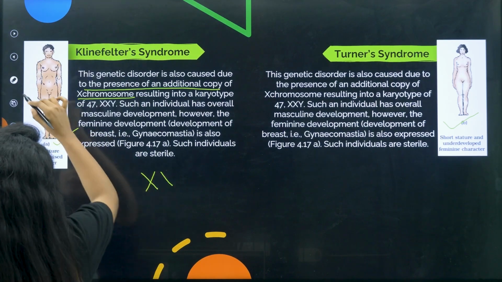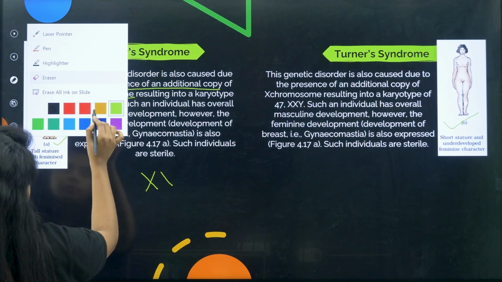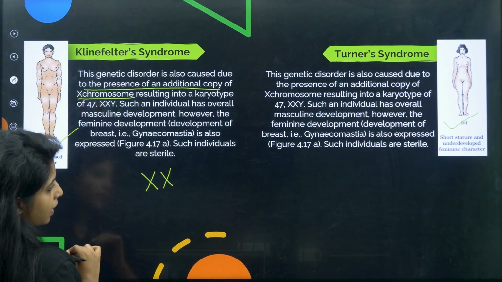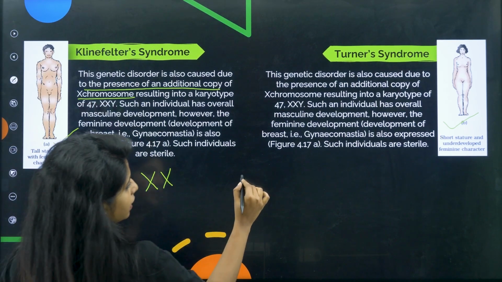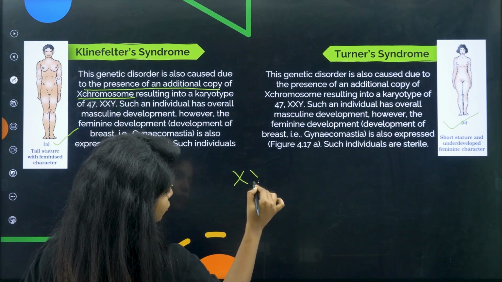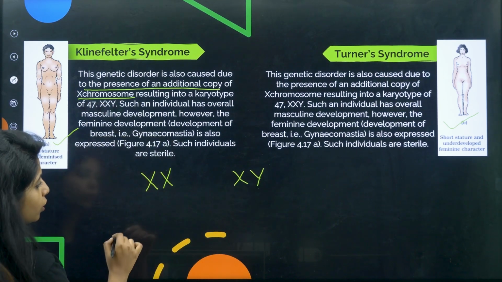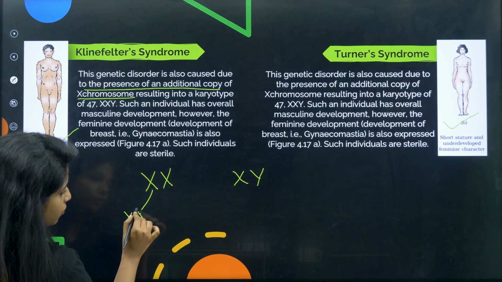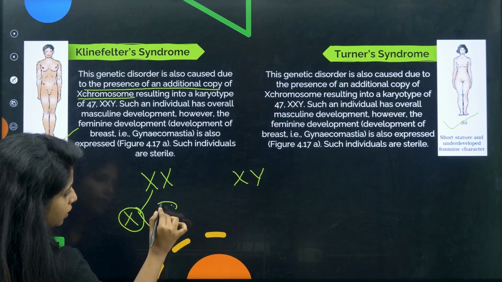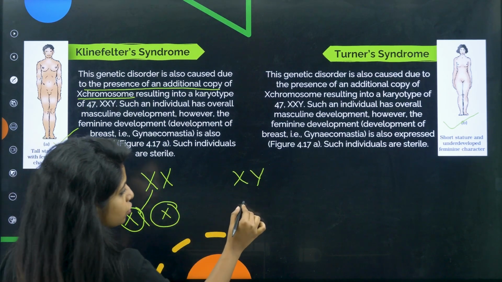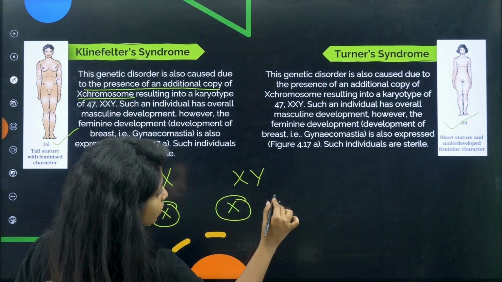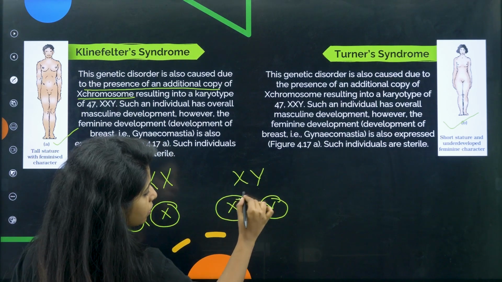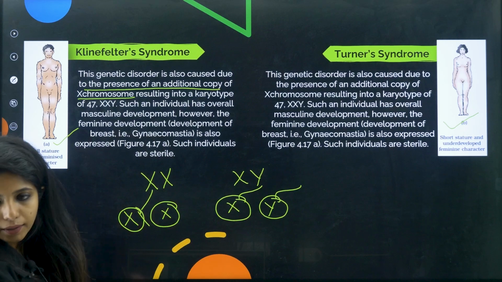Just imagine there is XX, and there is XY, children. Usually what should happen? You should have one X chromosome in one gamete and one X chromosome in another gamete. Similarly, one X chromosome here, one X chromosome in another gamete. So these are the sperms and this should be the egg, right?